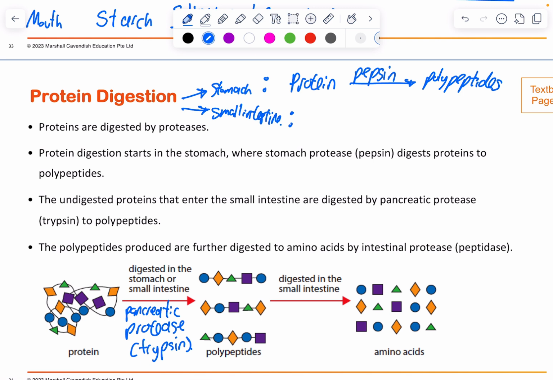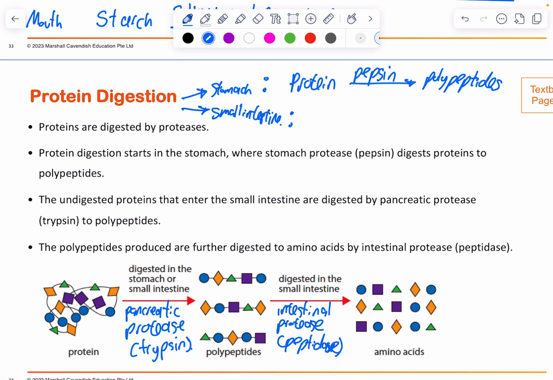Then your polypeptides are further broken down into amino acids by the other intestinal protease, the peptidase, to form your amino acids, which are then absorbed in the small intestine.